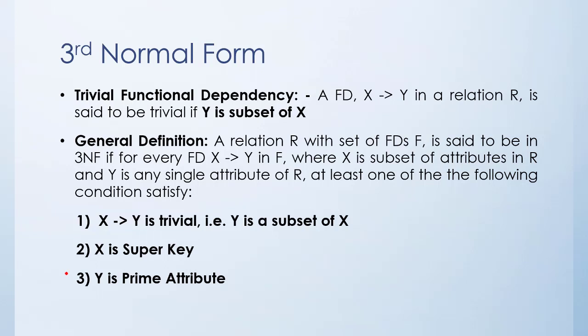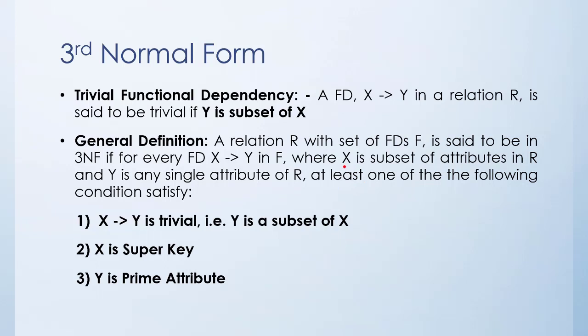The first condition is X determines Y is a trivial functional dependency. What is a trivial functional dependency? An FD X determines Y in a relation R is said to be trivial if Y is a subset of X. As you know, X can be a subset of attributes.